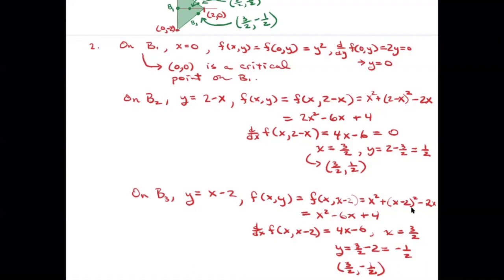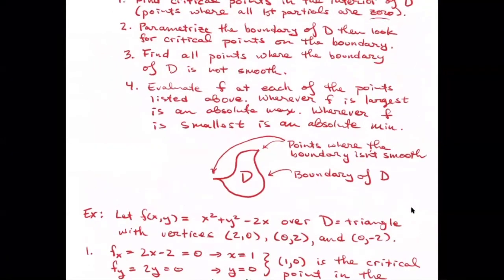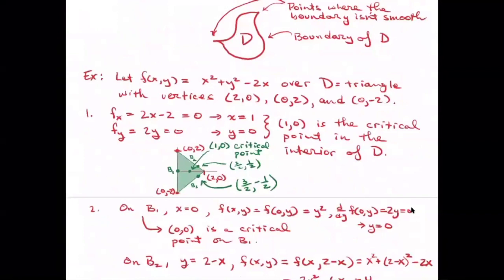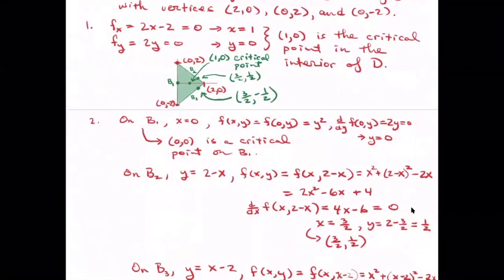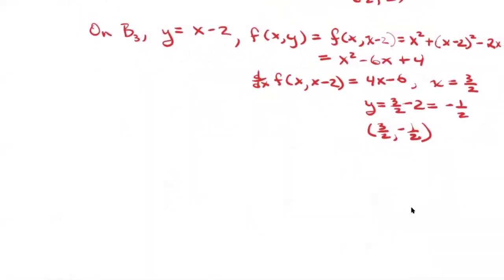Okay, there's also step 3, as you know. So I'm going to go back to that. I'll come back down. But step 3 is to find all points where the boundary is not smooth. So here we go. You can see those are the corners of the boundaries. So just real quick, we're on step 3 now.